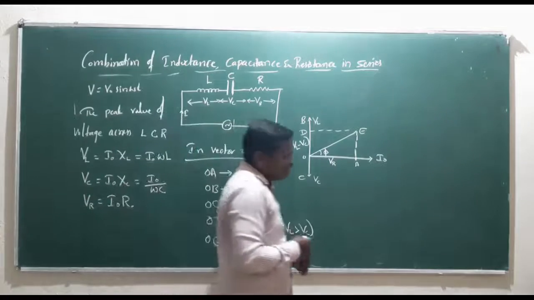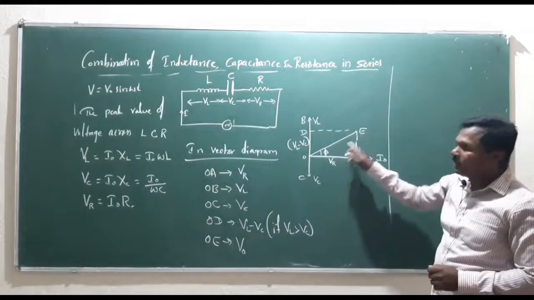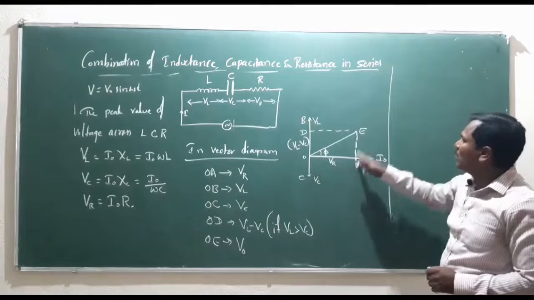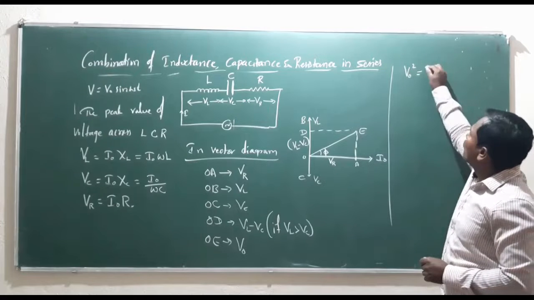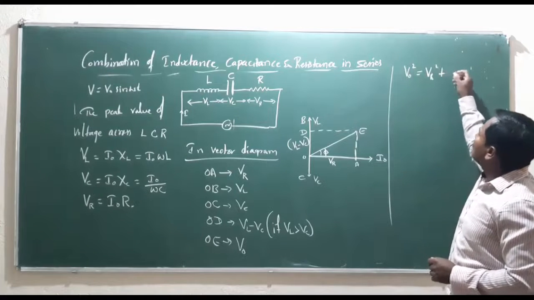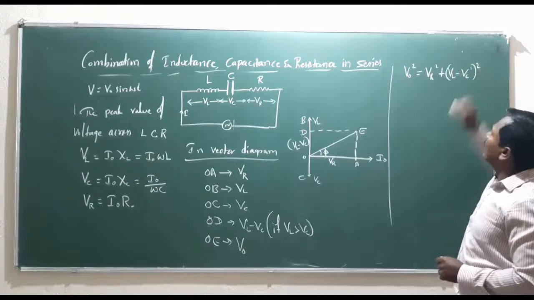So from this vector diagram, according to the Pythagoras theorem, for the triangle OAE, V naught square is equal to VR square plus (VL minus VC) whole square.